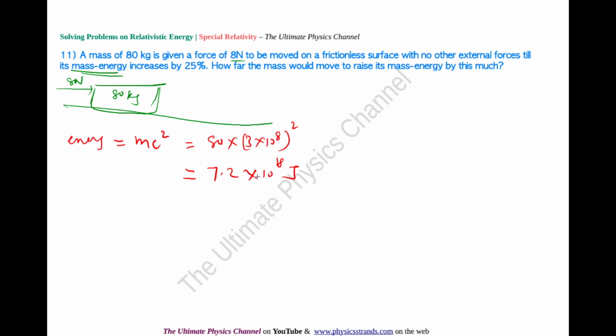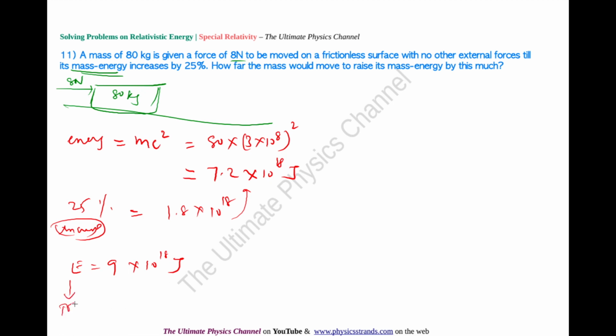Now a 25% increase in this value is what we are trying to work out. So 25% of that value is 1.8 times 10 power 18. Now, adding these two, the energy finally goes to 9 times 10 power 18 joules. That is the value to which the total energy would go. So this becomes the total energy of the object.